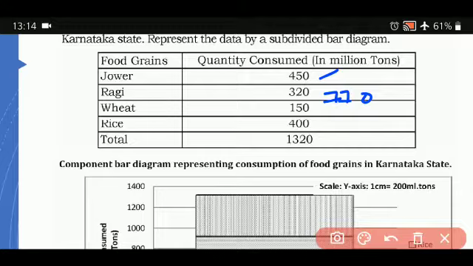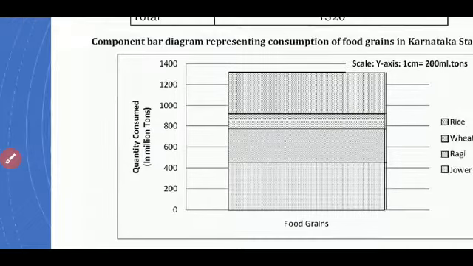This marking 770 you want to do, and 770 plus 150 is going to be 920. 920 plus 400 is going to be 1320. See, you got your last value 1320. These values, if you do the marking, will be easier for you: 770, 920 and 1320.